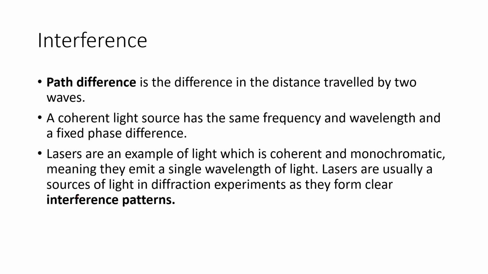Lasers are usually used to perform diffraction experiments as they form clear interference patterns. So if you want to observe interference patterns, you must use a coherent source, which is one that has the same frequency and wavelength and a fixed phase difference.